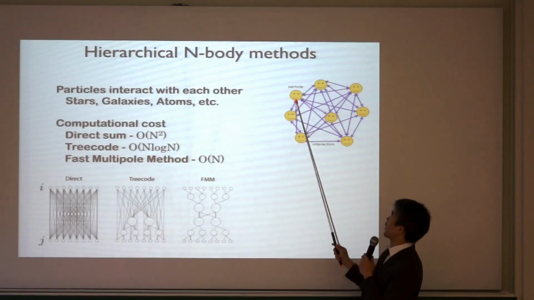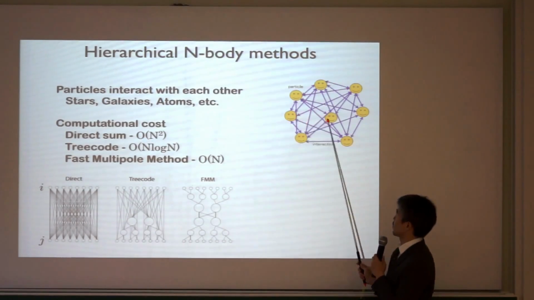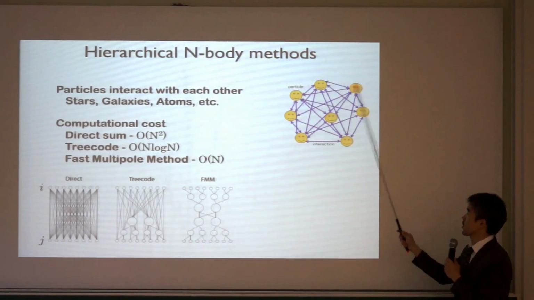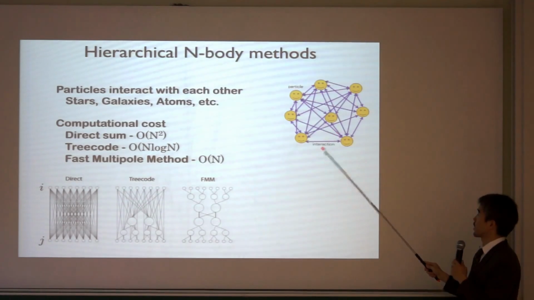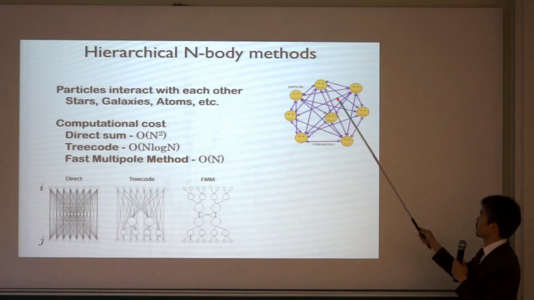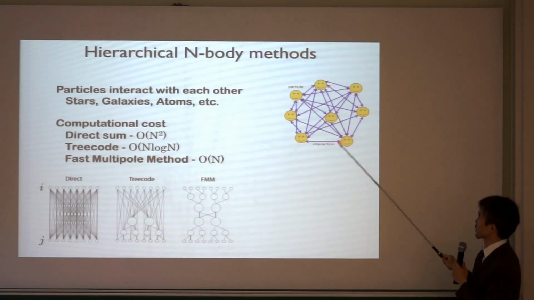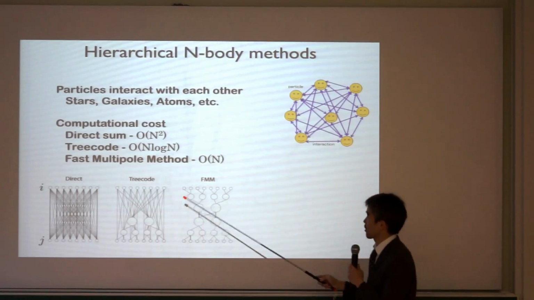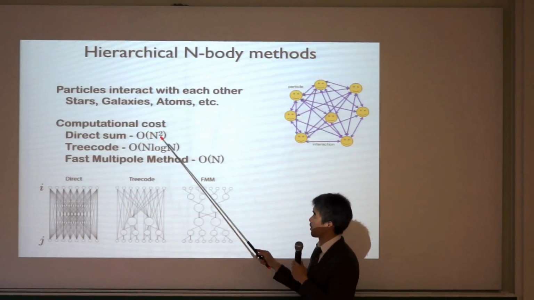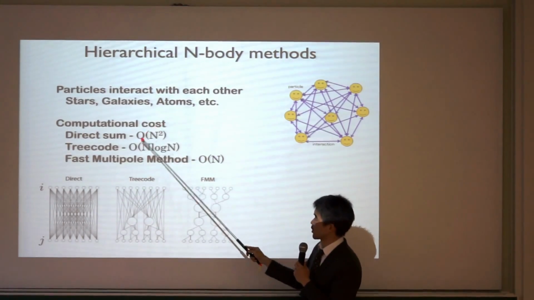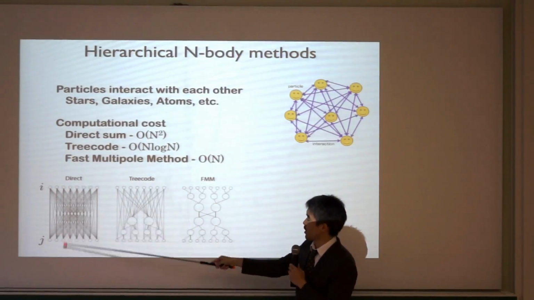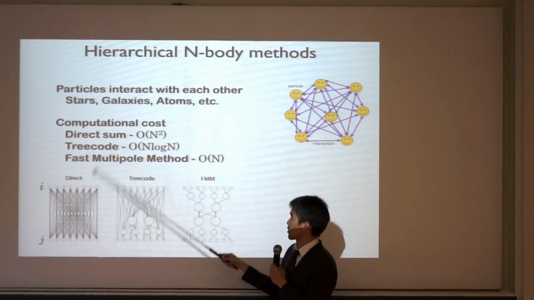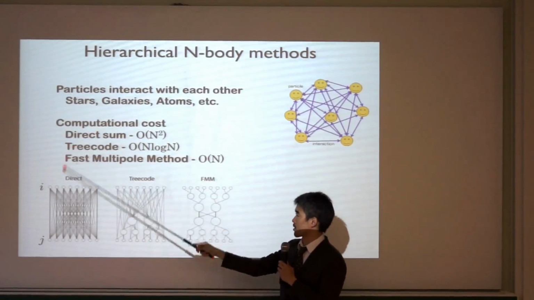If you have n bodies interacting with each other, and you just do it in a very naive way and loop over all the particles, and then inside that loop over all the particles again and calculate the interaction between each other, then that creates a double loop of order n, which means it has the n squared algorithm. You can look at the number of lines in this picture. That's the number of computations it needs to do.